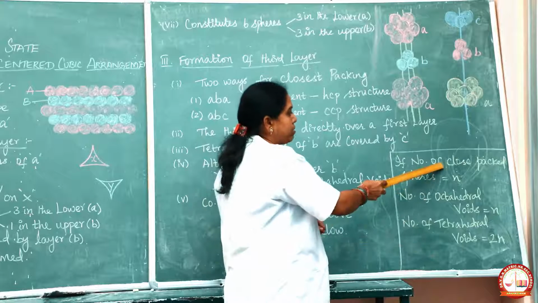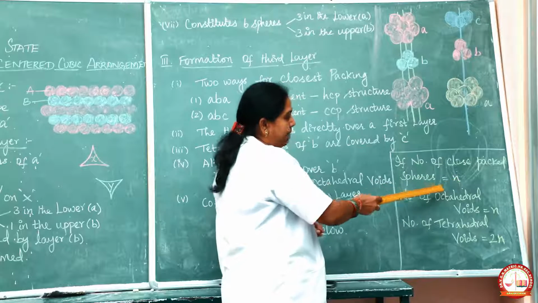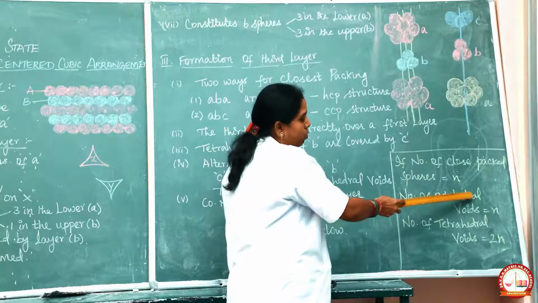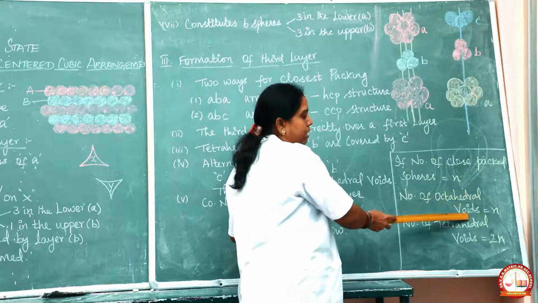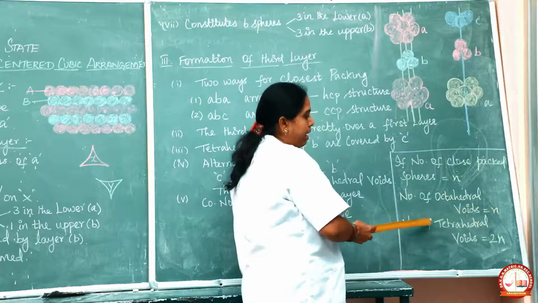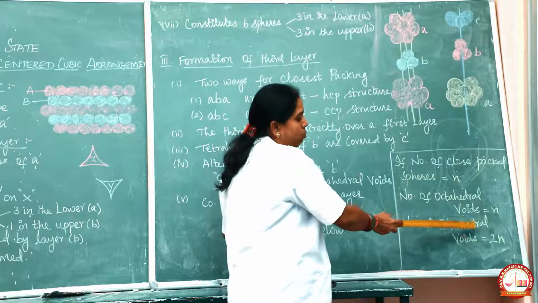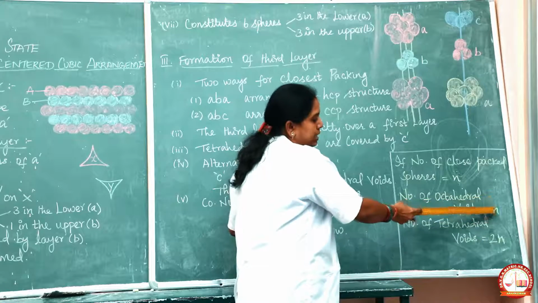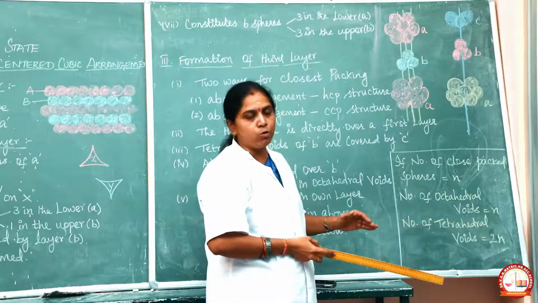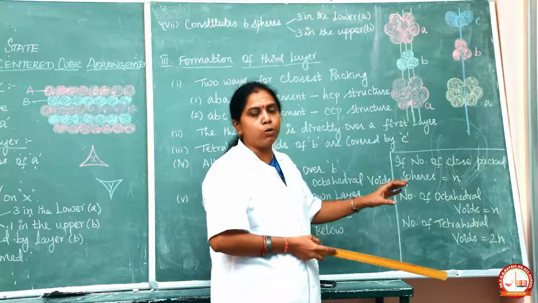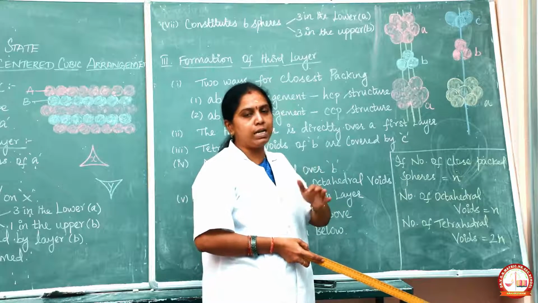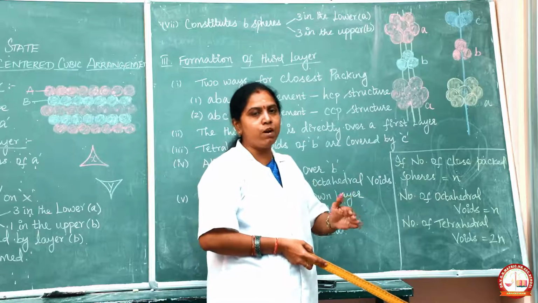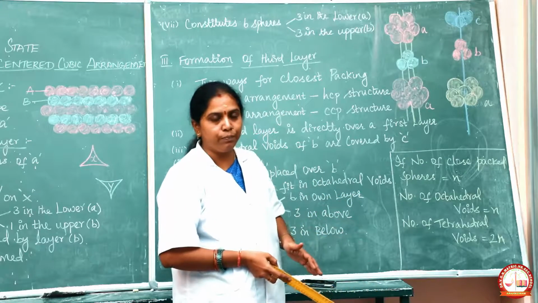If the number of close packed spheres is assumed as n, then the number of octahedral voids generated will be n, and the number of tetrahedral voids generated will be twice that amount, that is 2n. So based on this we can calculate both the number of octahedral voids as well as the number of tetrahedral voids.